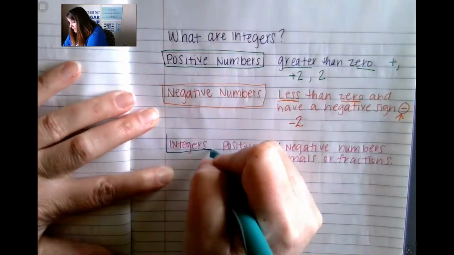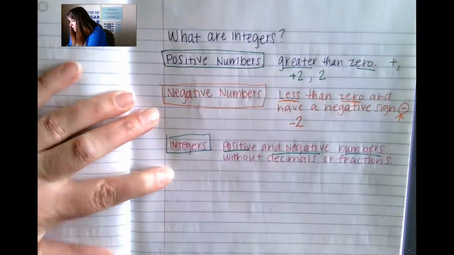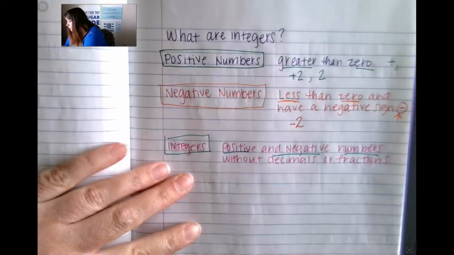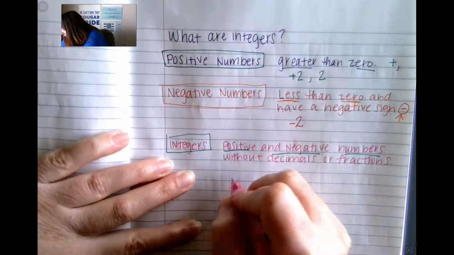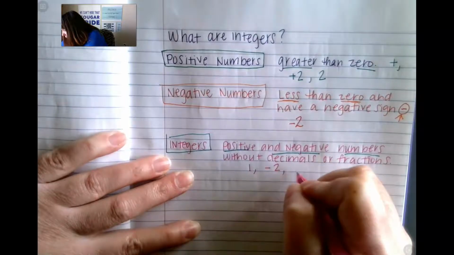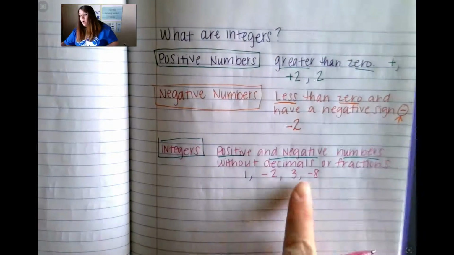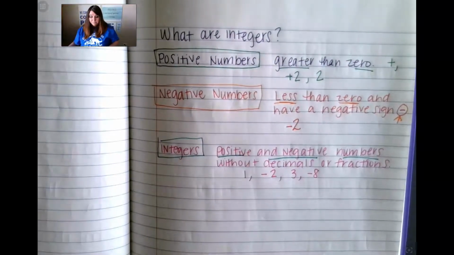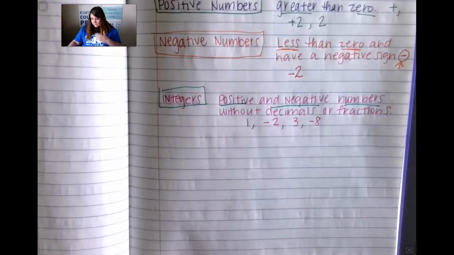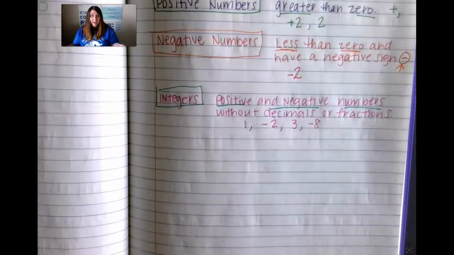So we call these integers because they're positive and negative numbers. For example, so let's do an example. I could have negative 2, 3, negative 8. These are all integers.